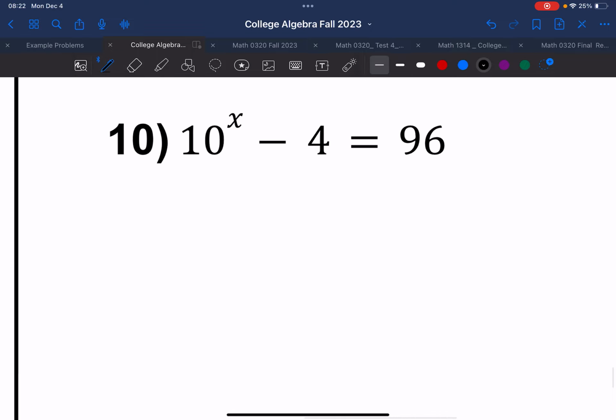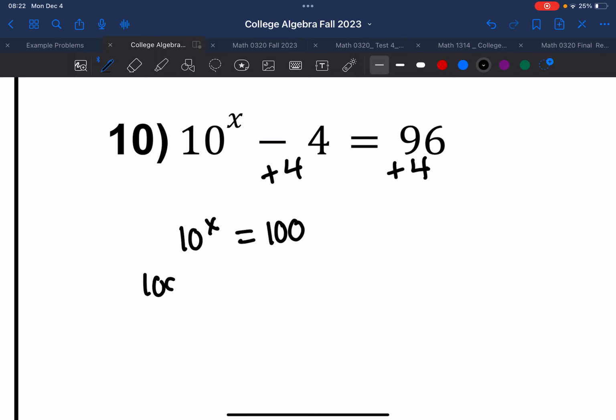Number 10. So remember before I said that our logs and our e to the x's had to be by themselves before I was able to take the inverse of both sides. Well, right here I have 10 to the x minus 4 equals 96. I need to move that minus 4 over to the other side in order to get my 10 to the x by itself. So I'm going to add 4. So I have 10 to the x is equal to 96 plus 4, which is 100.